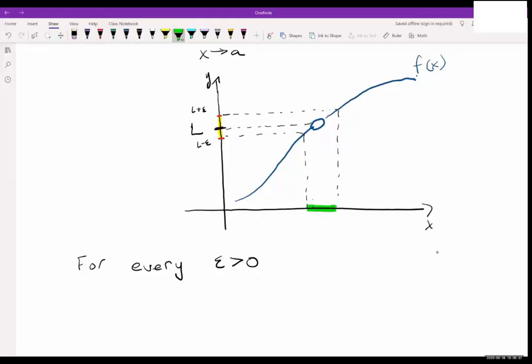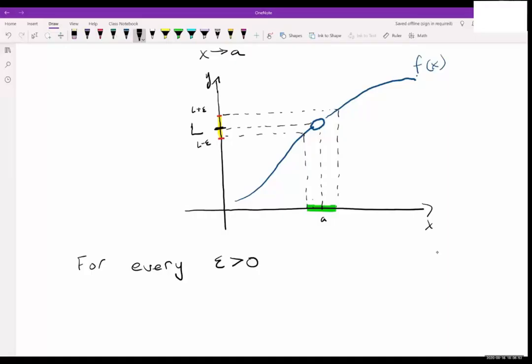It also gets smaller, right? The green region is dependent on what epsilon is chosen. And down here we have A, which is what we would get to get us to that hole.